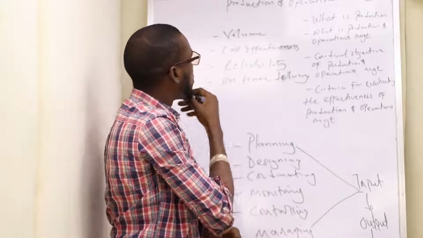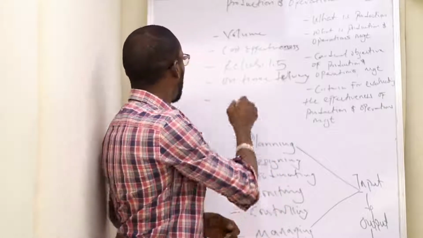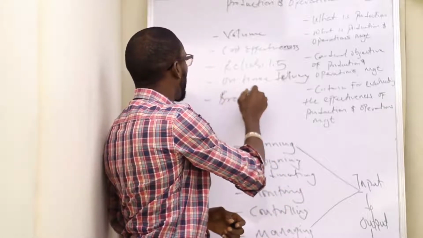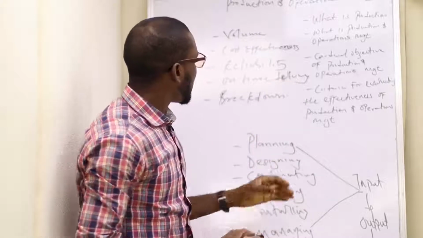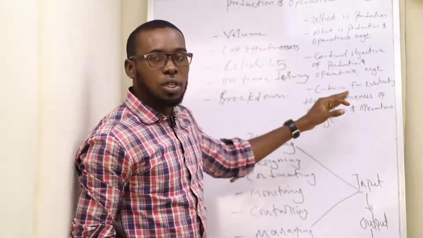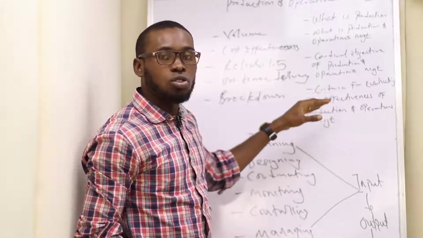Five, we said breakdown system, machine breakdown. So these are basically the criteria that you must evaluate whenever you are looking at the effectiveness of production and operation system.